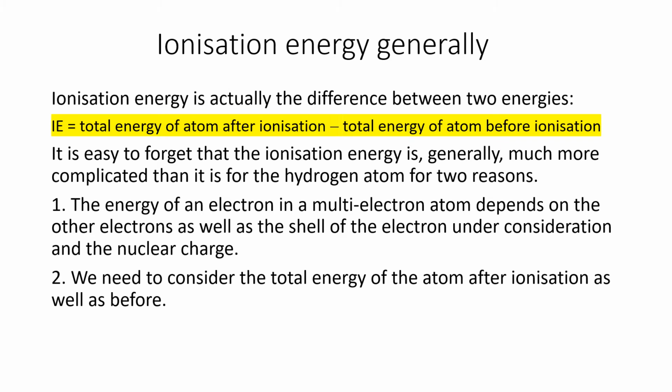And of course it's very easy just to assume that it's just the energy of the electron that comes off that you take to be the ionisation energy, but it's actually all the shielding business that complicates the matter.